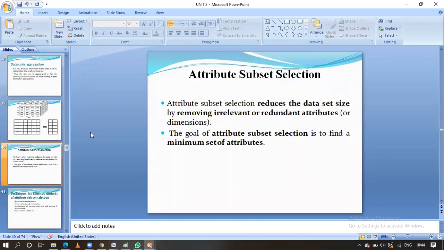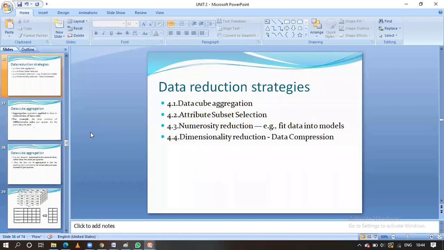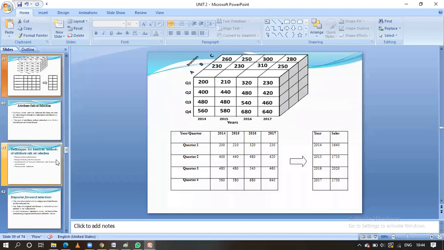This subset selection is part of the overall data reduction, guys. In data reduction we will have data cube aggregation and attribute selection. In addition to that, numerosity reduction and dimensionality reduction are there, but they have specifically asked about attribute subset selection. Let us go for that one.